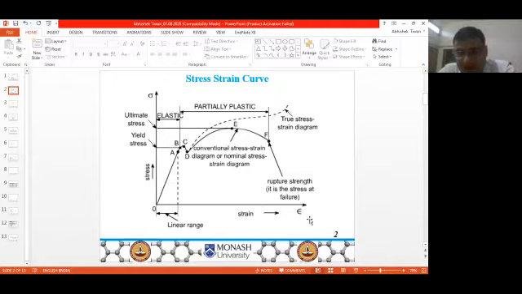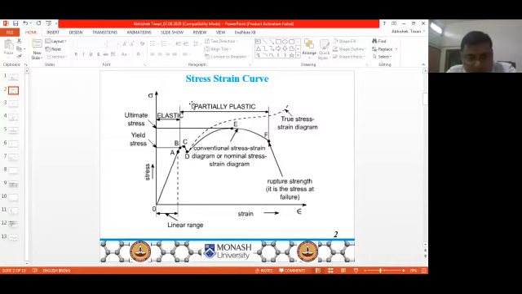So we can get the final deformation delta L with the integration of dl. So integration of dl we can calculate, and we can get the final elongation.